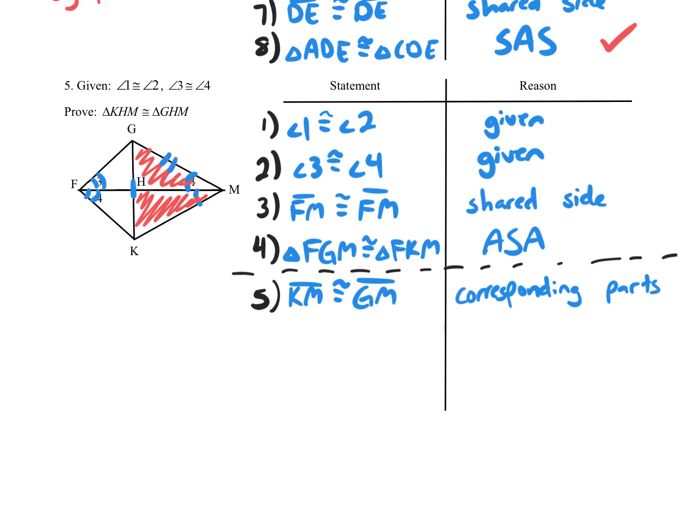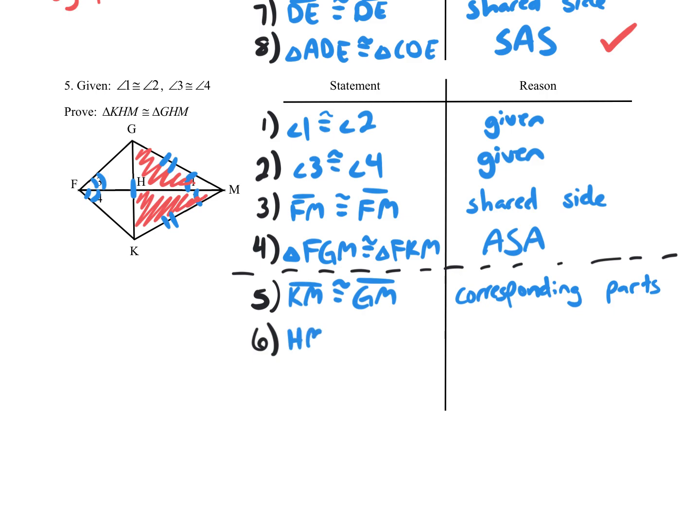So I can mark that now. There's one more thing we need to say about those two triangles there. Is there anything that our two triangles here share? The side. Which side? HM, the middle side, right?